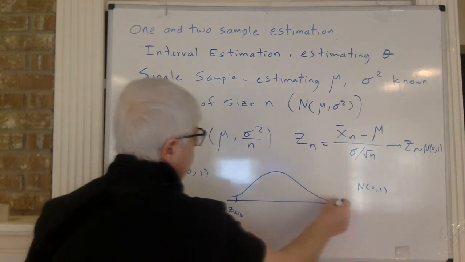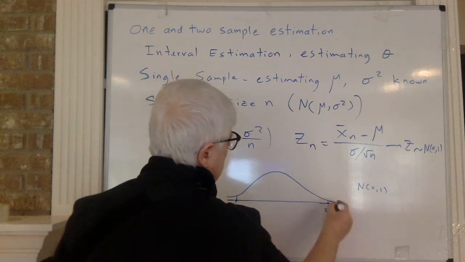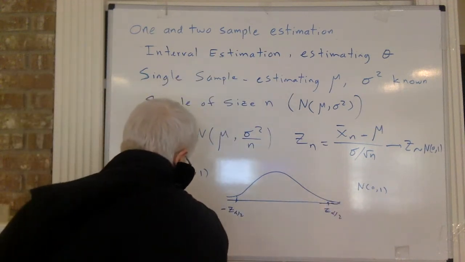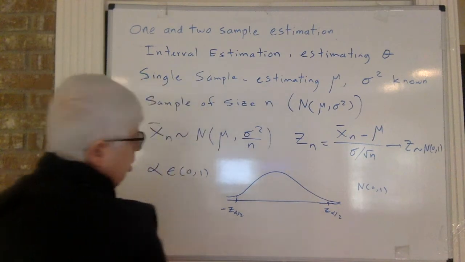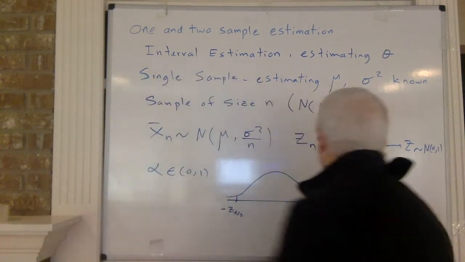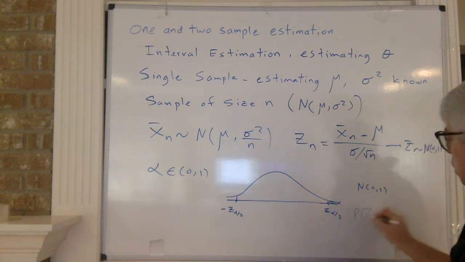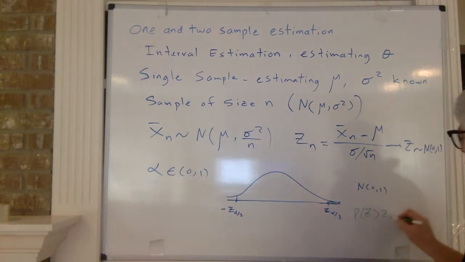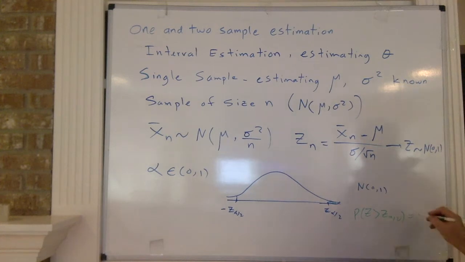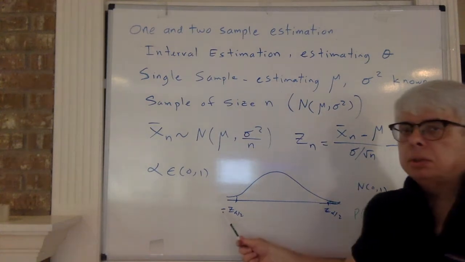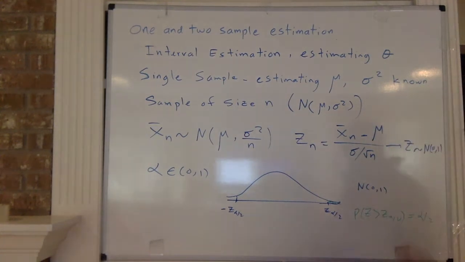These are the points for which, for example, on this side, the probability that Z is bigger than z alpha over 2 is in fact alpha over 2. And the same on the other side, when Z is less than minus z alpha over 2, it is alpha over 2.